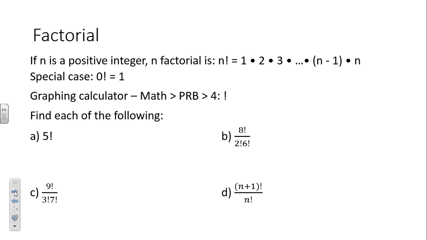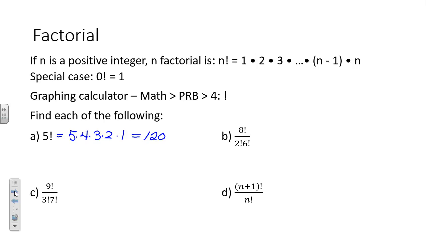And everybody get 120? Okay. So this was 5 times 4 times 3 times 2 times 1, and it's 120, because 20 times 3 is 60 times 2 is 120. I think often it's faster to do it without the calculator. Everybody get 120 on their calculator?